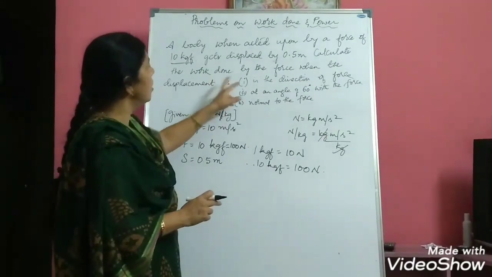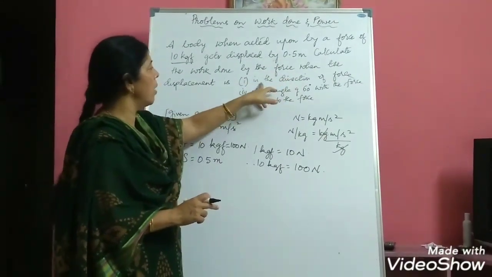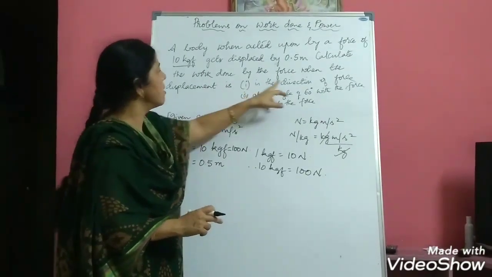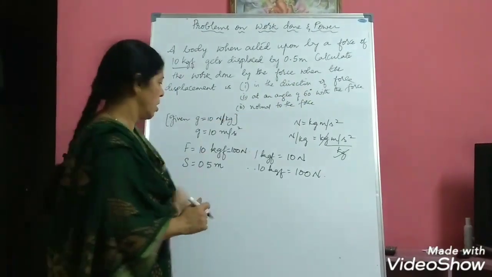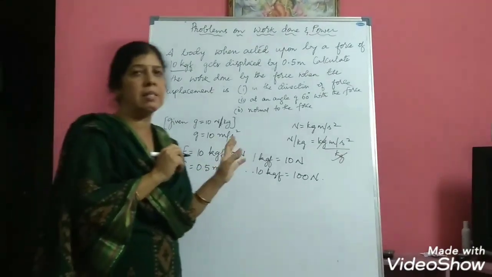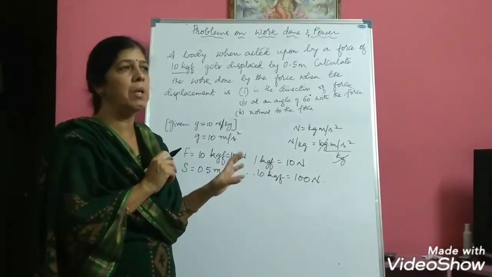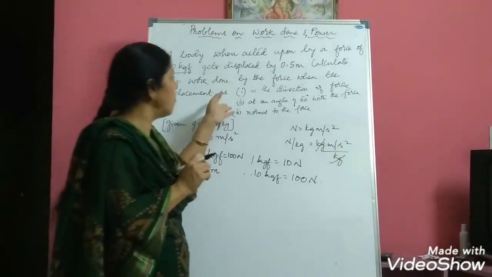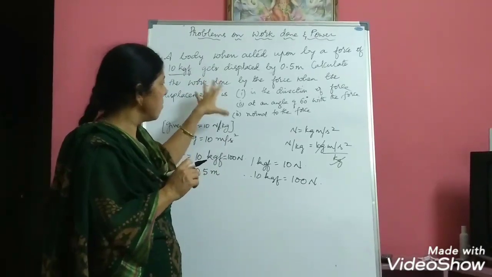What we need to calculate? We need to calculate the work done by the force when the displacement is in the direction of force. Now, in my previous video, I have discussed 3 cases of work done where work done will be positive, 0 and negative. Now, this problem is quite similar.